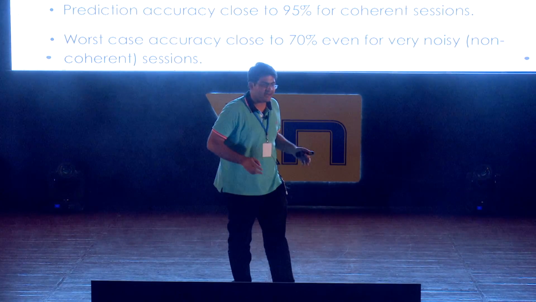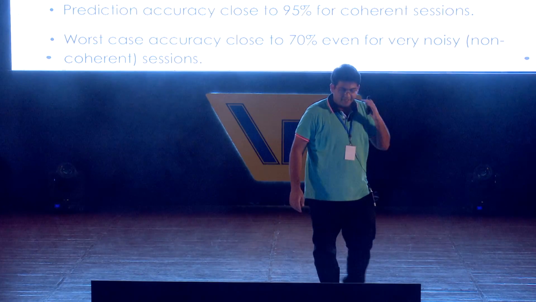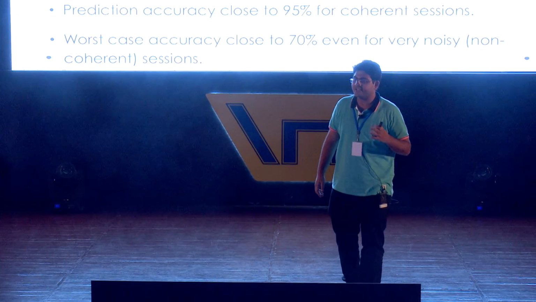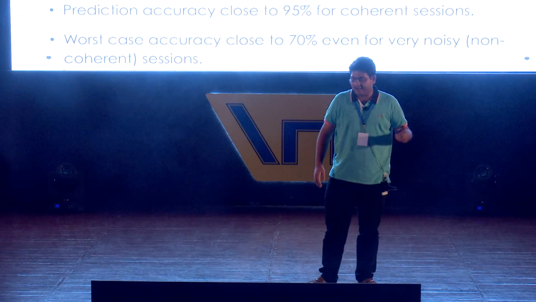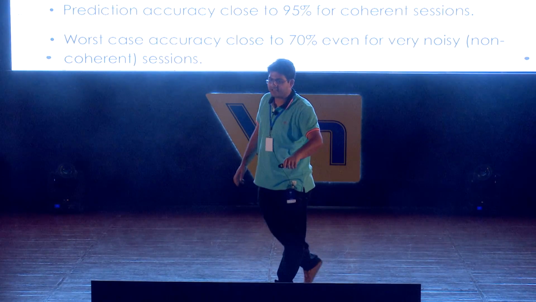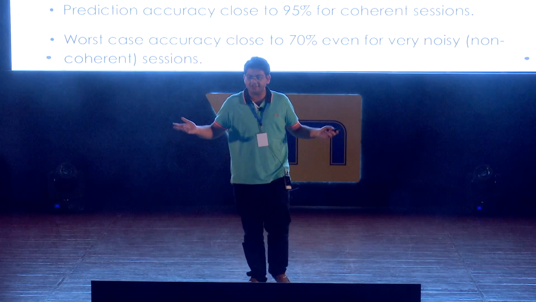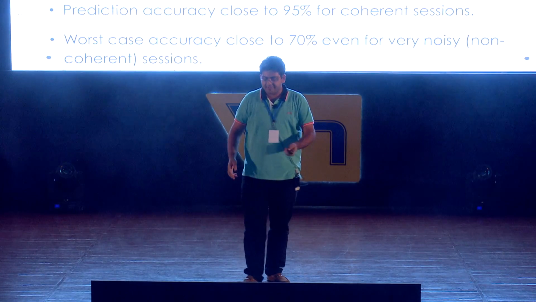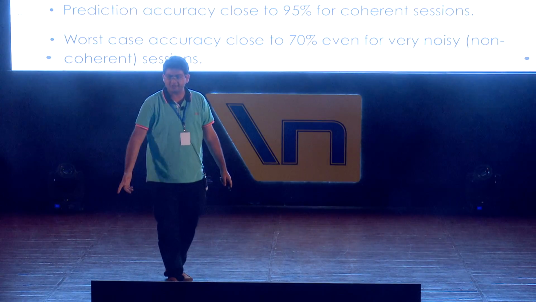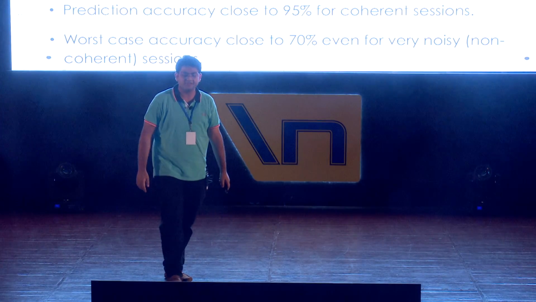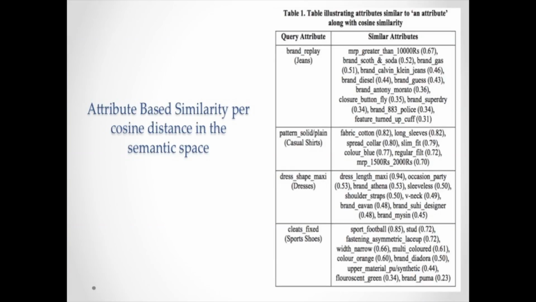And let me just give you a metric at Myntra: this sort of impulsive purchasing and impulsive browsing happens at least 40% of the times. But that was the assumption in this experiment, that the user does not change its context. But yes, we chose all the sessions in the experiment, and we have reported the accuracy as a function of coherency score, right?